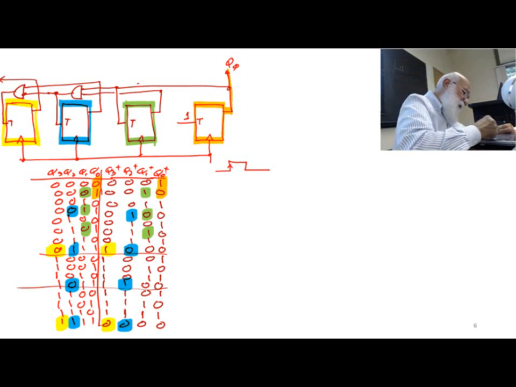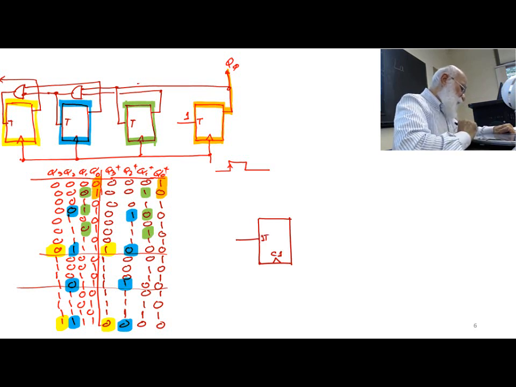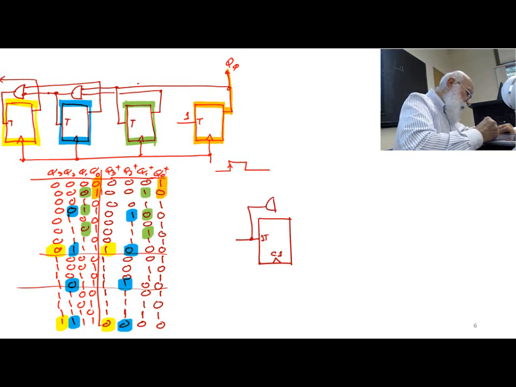So one way of doing these flip-flops is this. I can say that I'm going to build this flip-flop with C, T, an AND gate, and it has 2 inputs coming into it, 2 outputs going to the left.